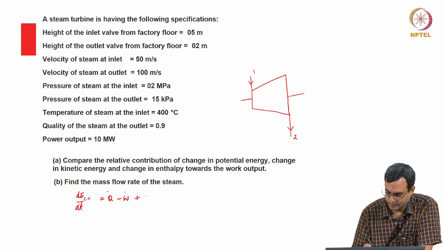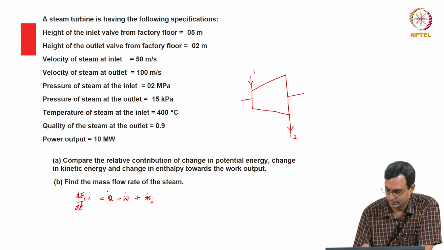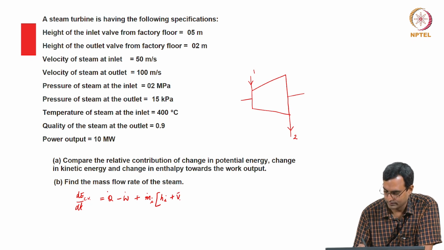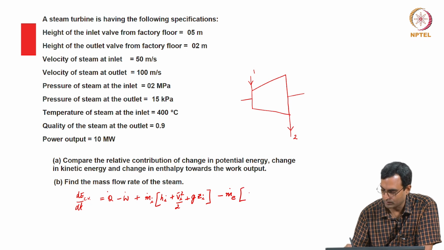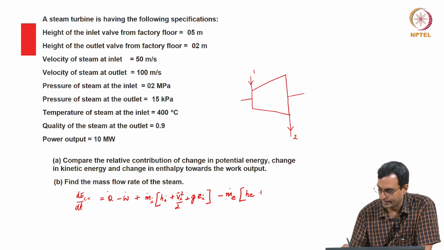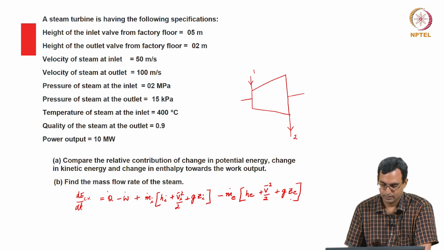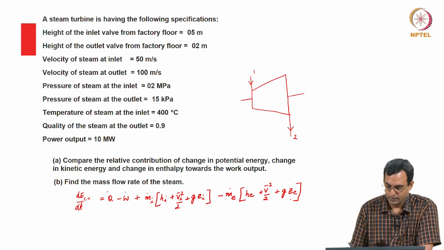There's only one inlet, so I'm going to just write m_i dot into the energy it brings in terms of enthalpy, kinetic energy and potential energy, minus whatever is going out into the energy it takes out in terms of enthalpy, kinetic energy and potential energy. So this is what we want to find out.